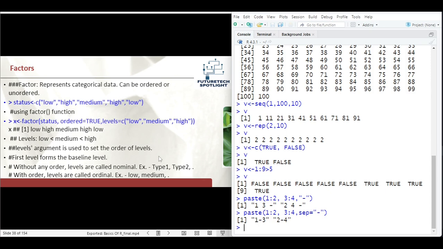So let's take one example and we will understand these things very easily. Now suppose we are having some data in a vector like low, high, medium, high, low, for example, and this particular vector variable name is status. Now suppose I want a category from this data.